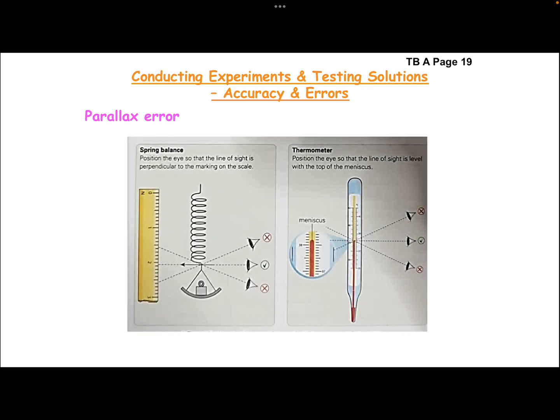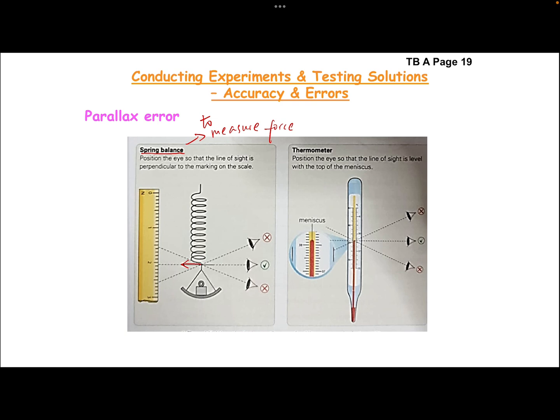So when we use other instruments, for example, spring balance, this instrument is to measure forces. Okay, we will learn all this in the future, but for now, just remember this is an instrument to measure force. Jot it down. So you can see there's a pointer here. How do we read the reading of a spring balance?